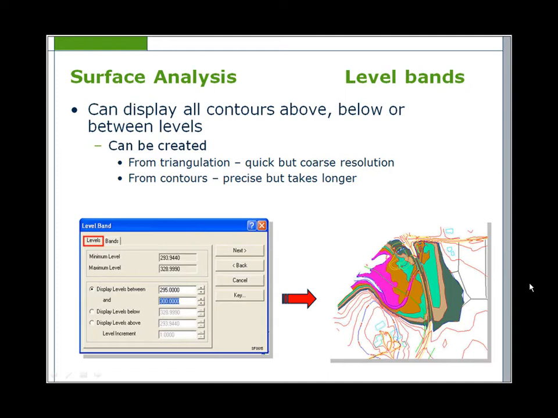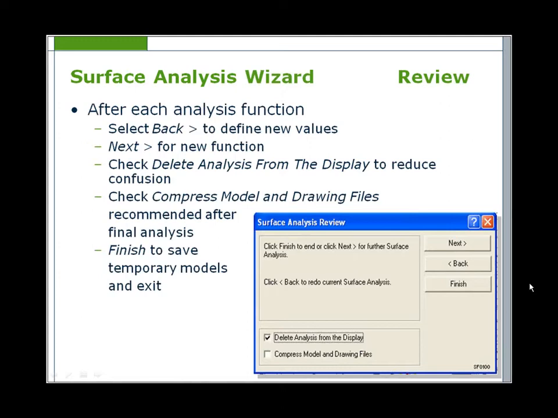Again with this, when you go next, you'll come to the Surface Analysis Review panel. This Surface Analysis Review panel will always appear when you select an option from the main menu, like contours or level bands, and process it. On here, it gives you three options.